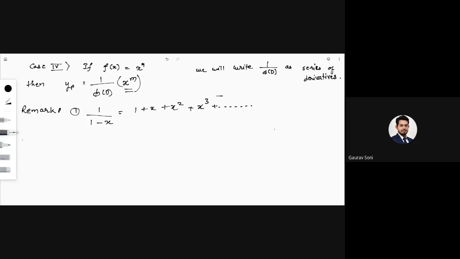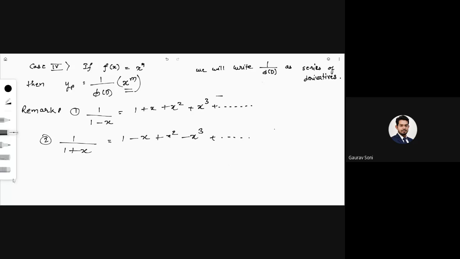And the second one says that 1 upon 1 plus x will be equal to 1 minus x plus x square minus x cube, and so on. So this is the series we have to use.